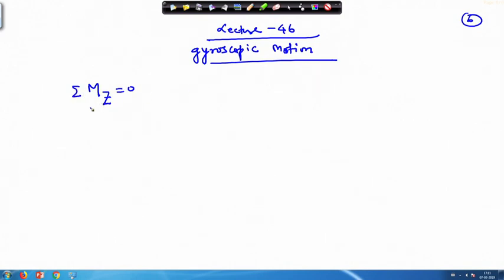So, what does this imply? That the corresponding H 0 Z will be a constant. And how do we find this quantity?